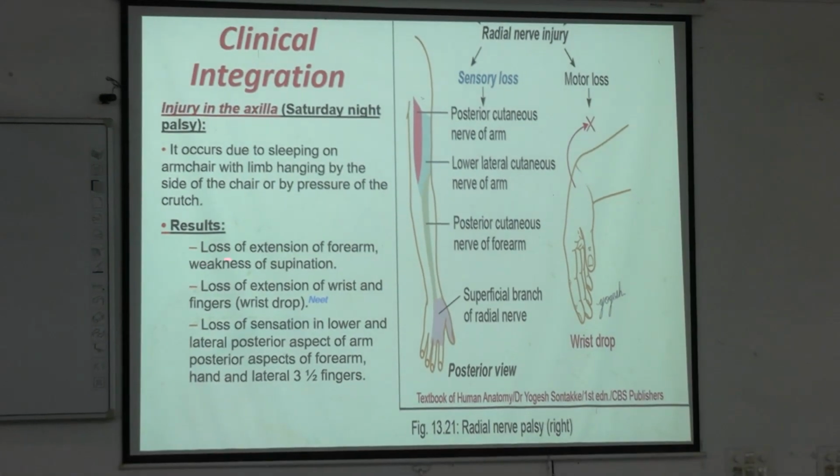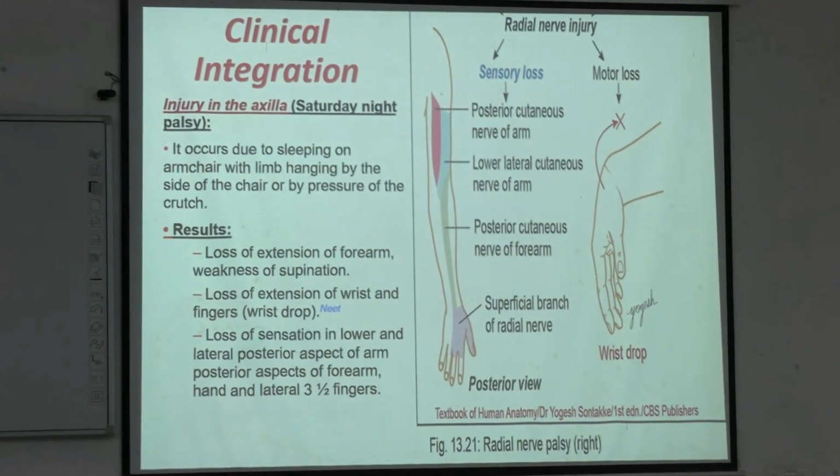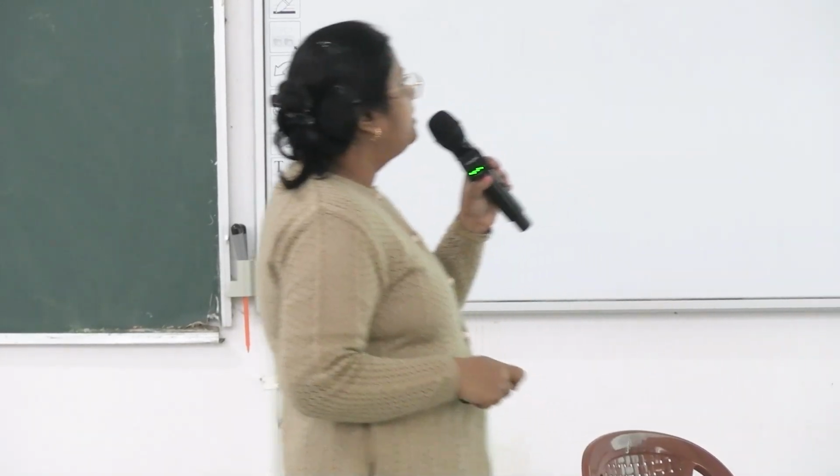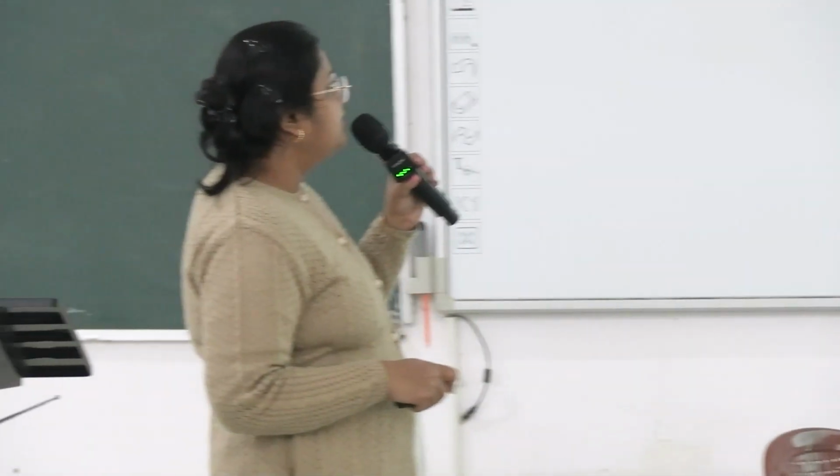of the forearm and weakness of supination, because supinator is supplied by the radial nerve, and also these extensor muscles of the forearm are supplied by the deep branch of the radial nerve. So all the muscles will be paralyzed, so loss of extension. Then loss of extension of the wrist and fingers, wrist drop will be there.